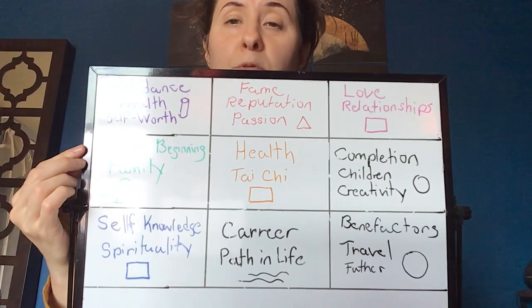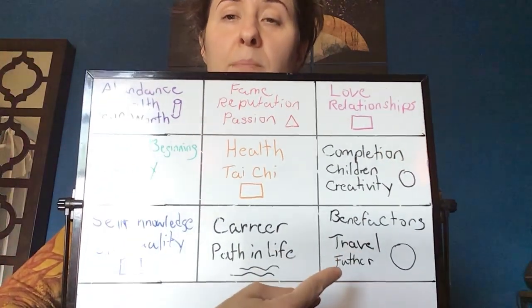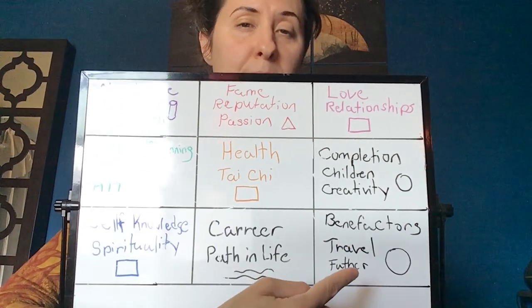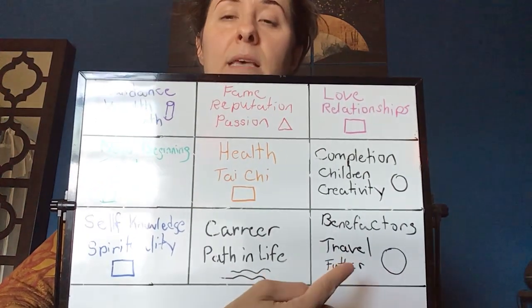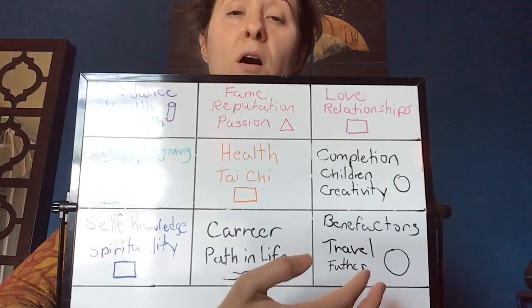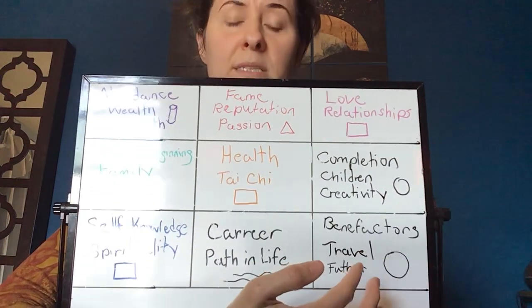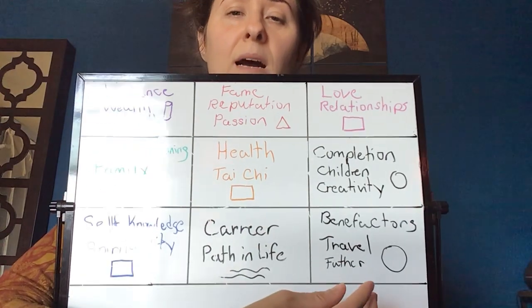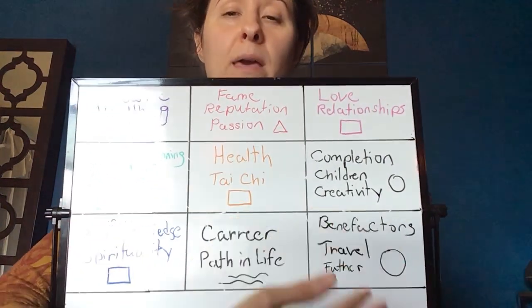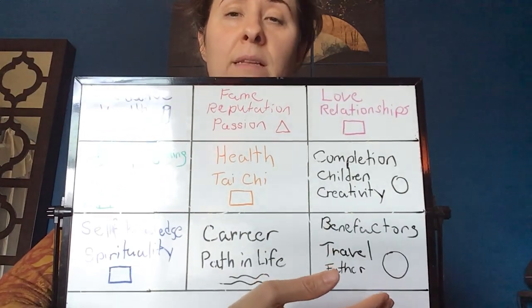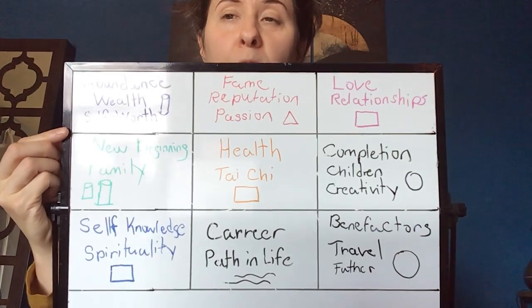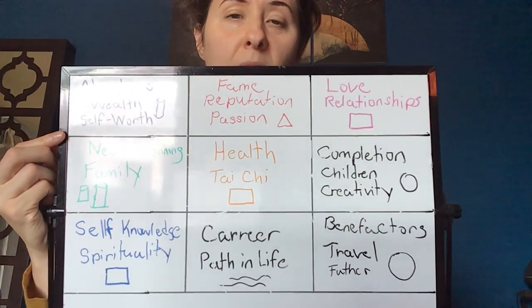So we will move on to benefactors, helpful people, travel. So this area is associated with the season of fall. It's all about accessing helpful people, becoming a helpful person, and that's also very much connected to having more wealth and abundance.